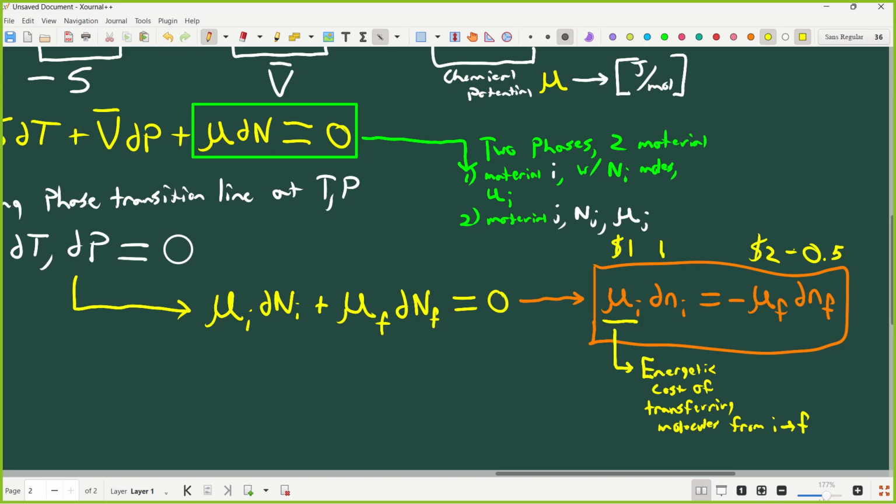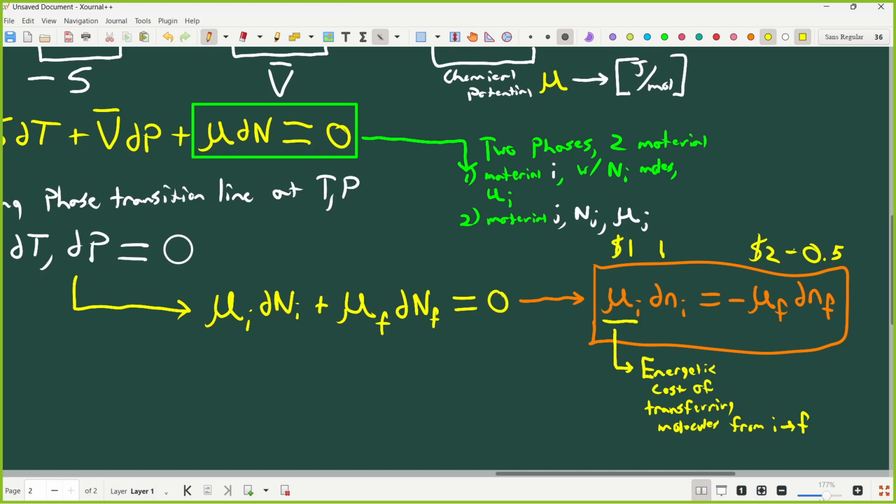The cost. Now, it also could be negative, right? Mother Nature could give you money back for giving away molecules too. It might charge you, but it also might give you money back. If it doesn't want the molecules to be somewhere, it's going to give you energy back by removing them. Okay, so the chemical potential is that cost.